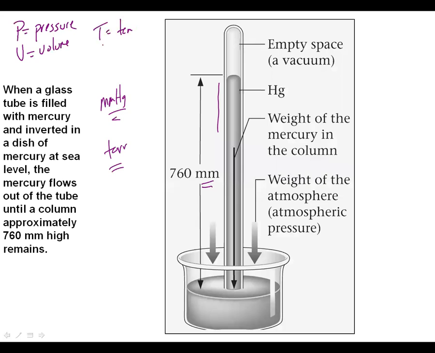In a lot of these gas laws, we look at two of these variables and keep the third one constant. In other gas laws, we sometimes look at all three of these things together.